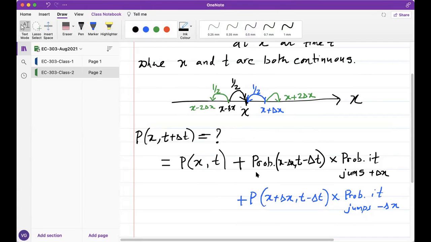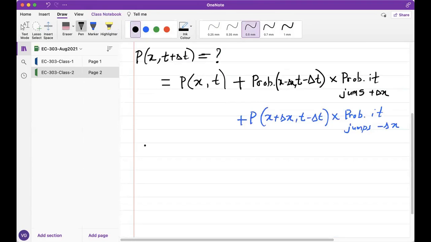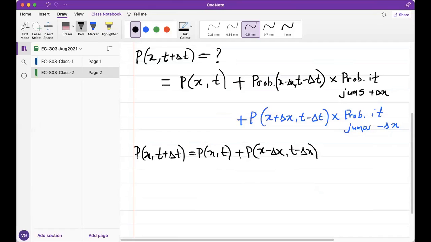Okay, so now that explains it. Now let us write this down. So therefore, P of x, t plus delta t equals P of x minus delta x, t minus delta t... sorry, I'm making a mistake here.